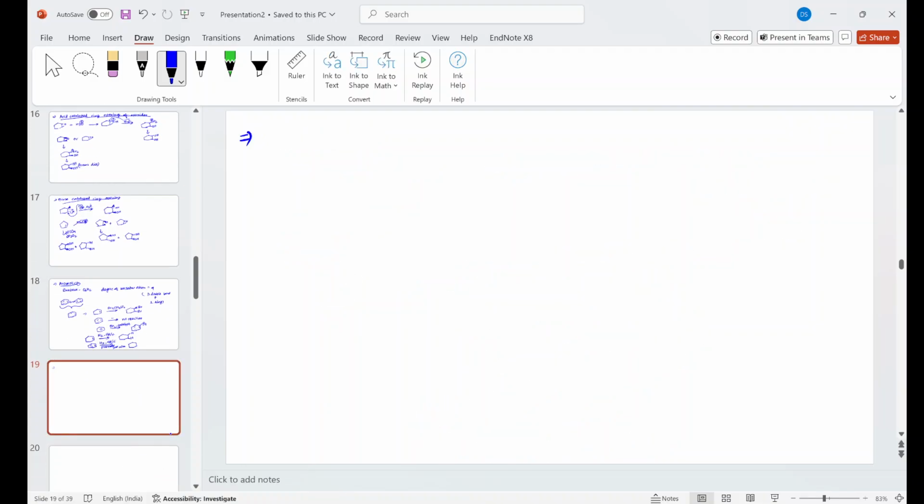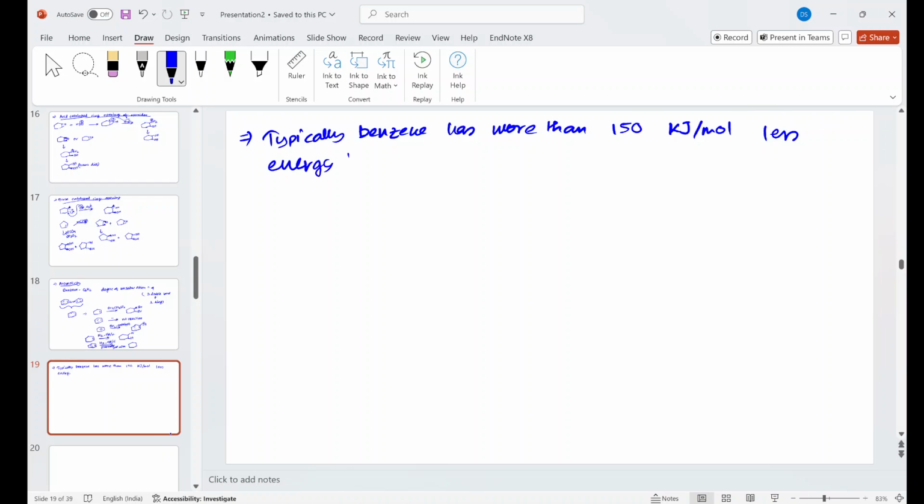Okay, so typically benzene has more than 150 kilojoule per mole less energy than theoretically predicted.